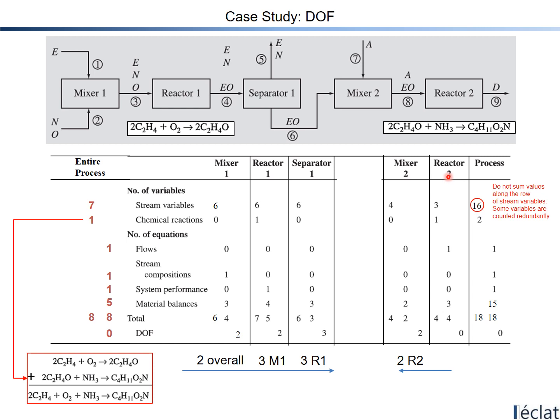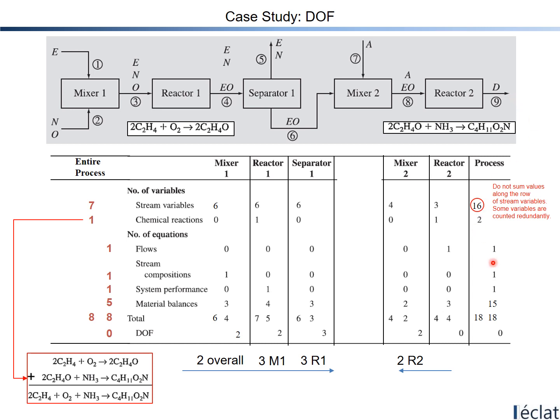The reactor 2. Stream variables 3, chemical reaction 1, and flows 1. The value of D is known. That is the basis, 1000 kilogram mole DEA per hour.